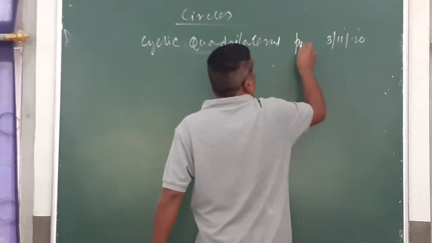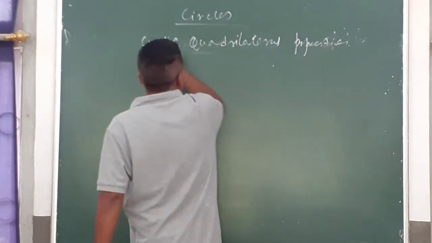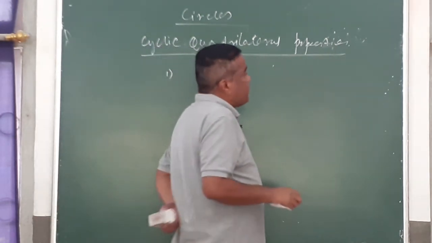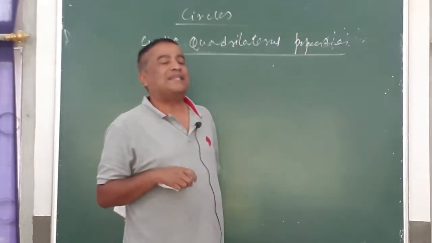Under cyclic quadrilateral properties, theorem number 1 is opposite angles of a cyclic quadrilateral sum to 180 degree.